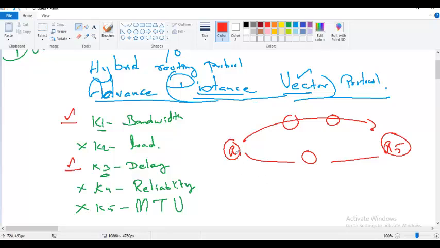Obviously, when the bandwidth is high, delay will be low. So the path with the small composite value, when bandwidth is high and delay is low, will be considered.